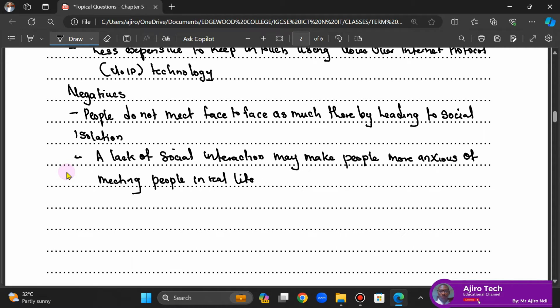And this is absolutely true because when all you do is communicate with people online, it doesn't give you that exposure of going out, meeting with people, communicating with people. Because while social interaction is good on the internet, physical interaction is so important.